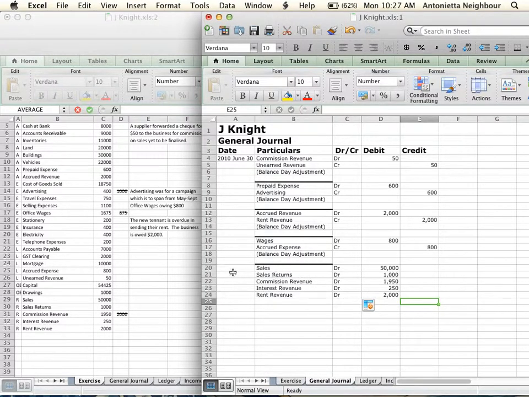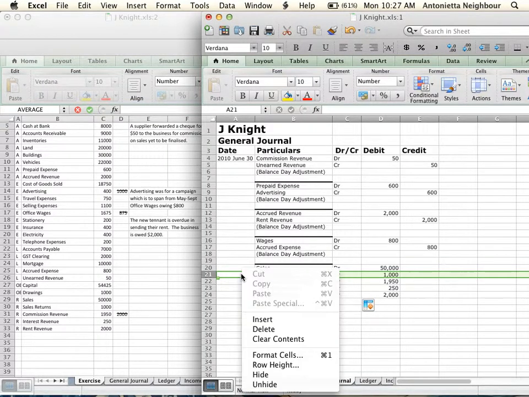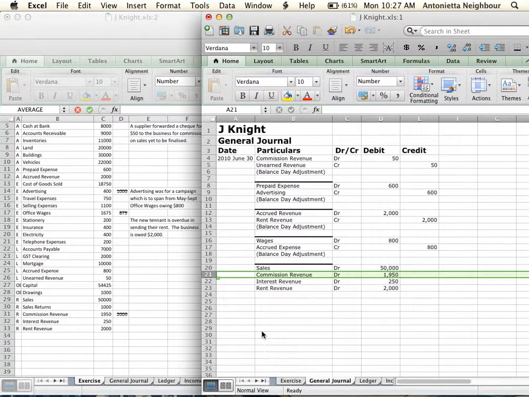What's the problem here, Robert? You have another question? The problem is sales returns. We do not debit sales returns to close it because it's a contra revenue. Whenever you bring in all your revenues, this is one disadvantage of doing it this way. You need to be on your game and you need to delete that row.